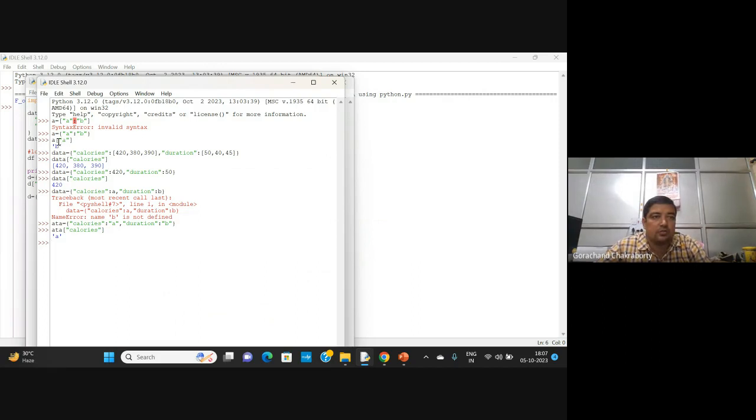So we are allocating A equal to A on B. So this is given B here. So in this way, we can get results from here.